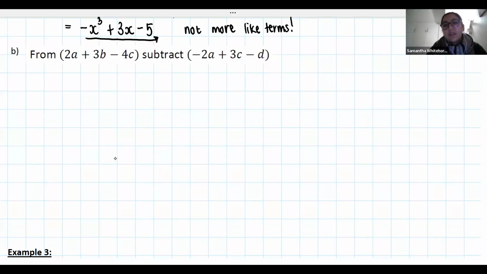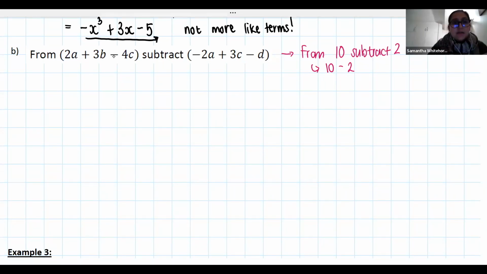So if I had phrased this as from 10, subtract, I don't know, 2, hopefully we know that this expression would then be 10 minus 2. I'm taking 2 from the 10. So if we apply that same logic to what's happening here, we need to subtract this second expression from the first expression.